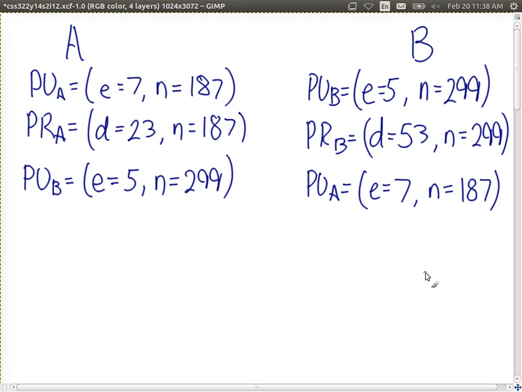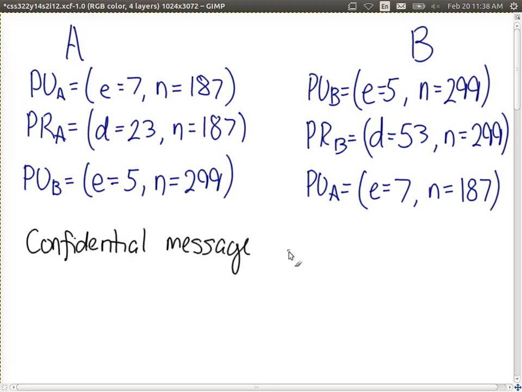That was our goal. For example, let's send a message from A to B confidentially. For RSA, our algorithm we're using, the messages must be converted to a number, and the number must be less than n.